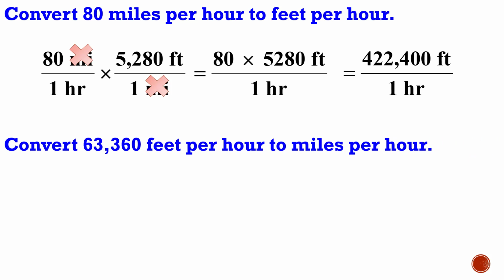Convert 63,360 feet per hour to miles per hour. So again, we're looking for miles per hour, a distance over a time. We want to set up our initial fraction as a distance over a time.